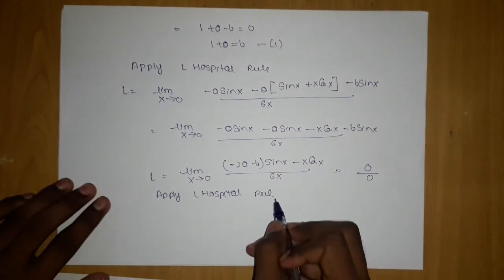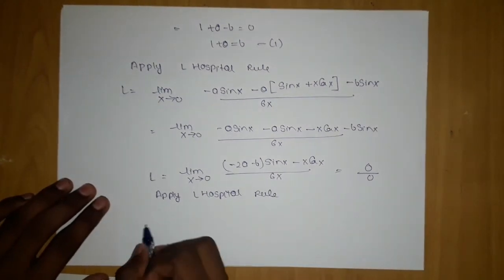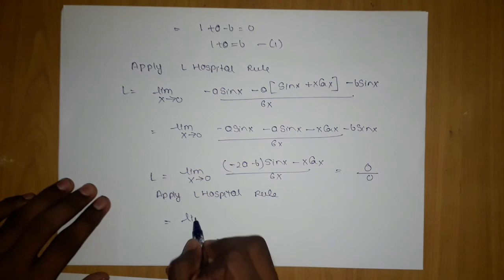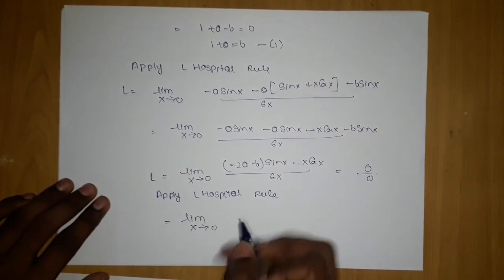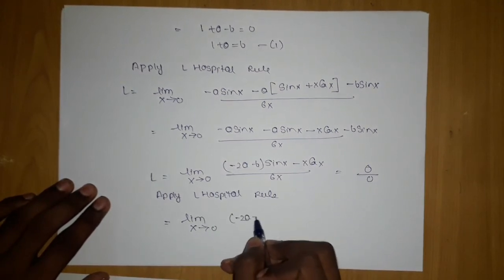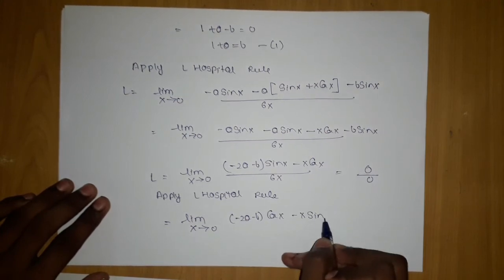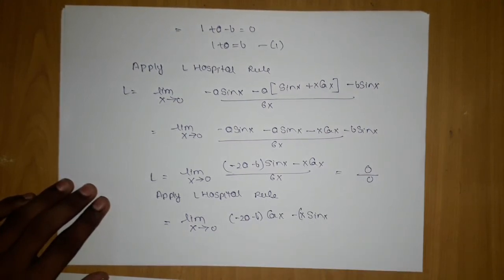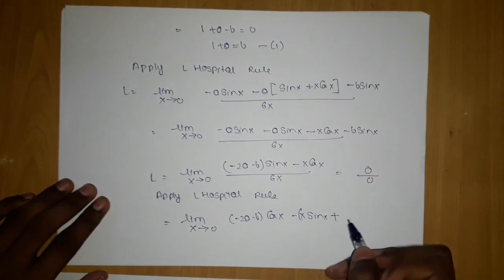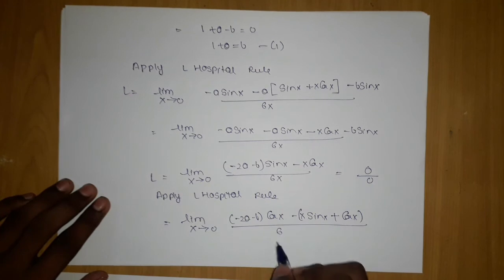This will be the last application, because here we will get some finite value. So what we are getting, minus 2a minus b cos x minus x sin x, and here it will be plus cos x, the whole by 6.